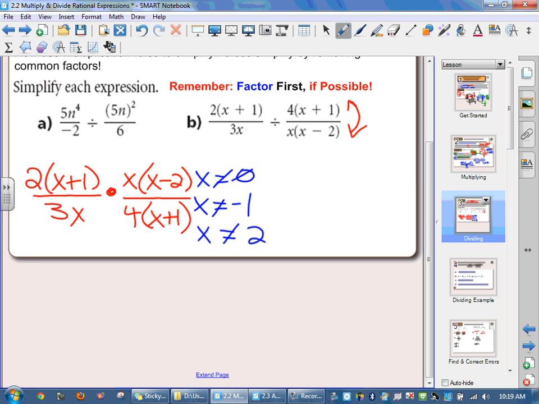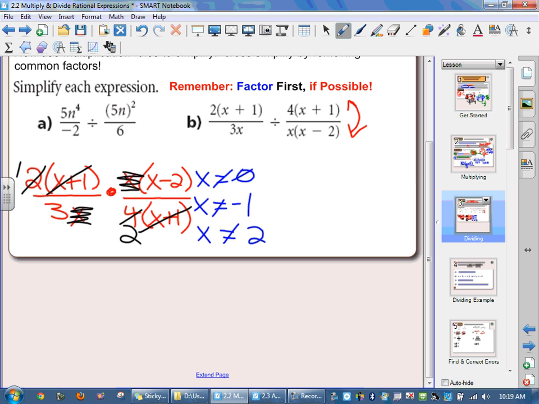What else cancels? Well, 2 and 4 reduce. They both divide by 2. He becomes a 1. He becomes a 2. And then your x's that are sitting side by side are going to disappear as well. Okay, so there's an x by itself on the top and an x by itself on the bottom, so they're going to disappear as well.